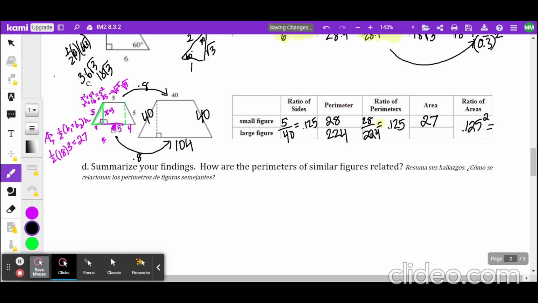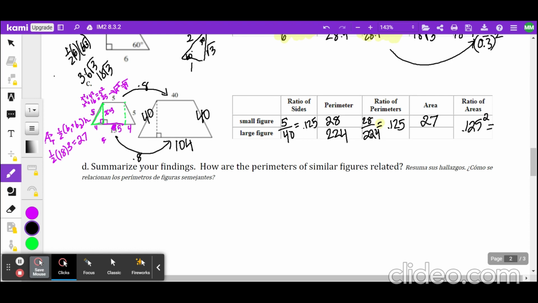0.125 times 0.125, enter. Delete, times 0.125, enter. How annoying. 0.125 squared. How annoying.